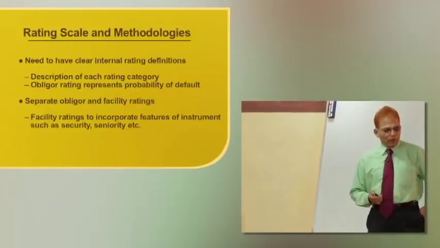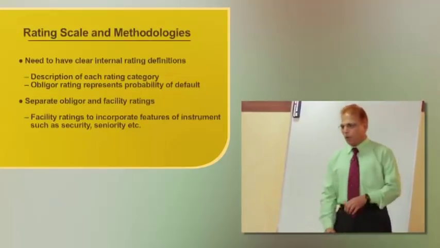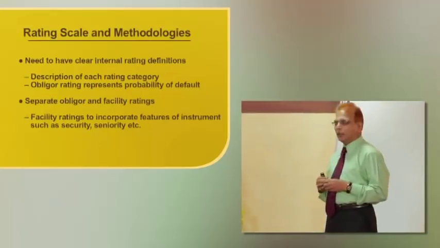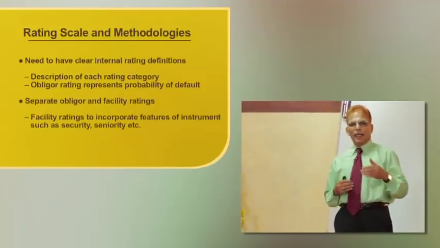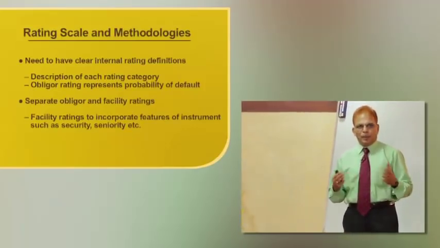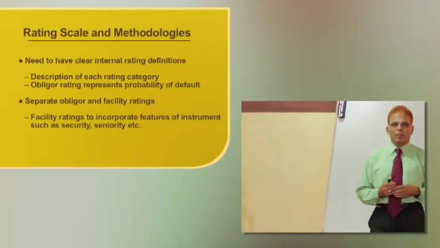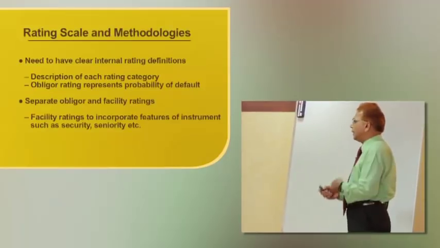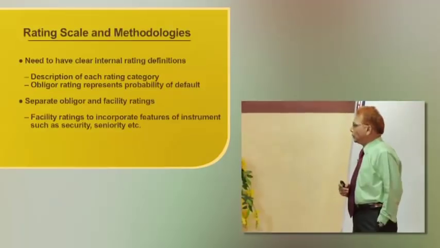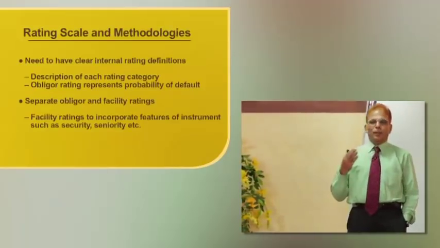Now when we have all these parameters, what is important is having a ratings model. It's also important to have a scale so that we can fit in the borrowers which the bank has decided to accept. So we need clear internal rating definitions. We need to define what is AAA.